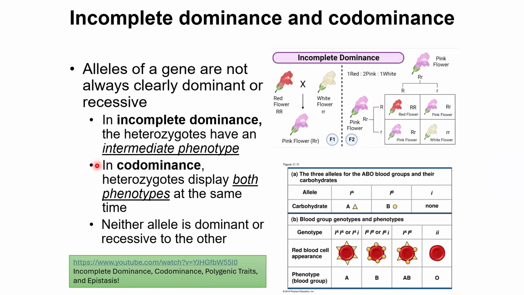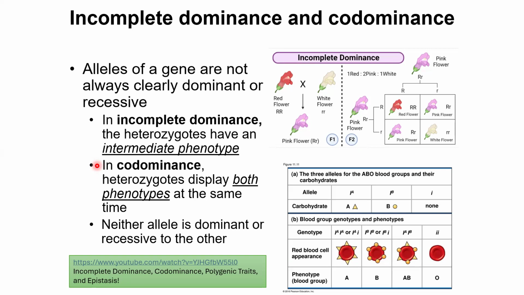Now, with incomplete dominance and codominance, what we mean is that sometimes the alleles of a gene are not entirely recessive or dominant over each other.